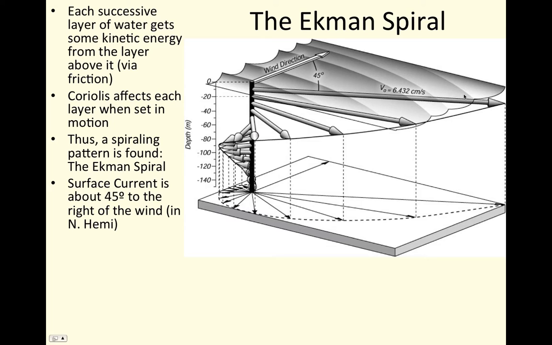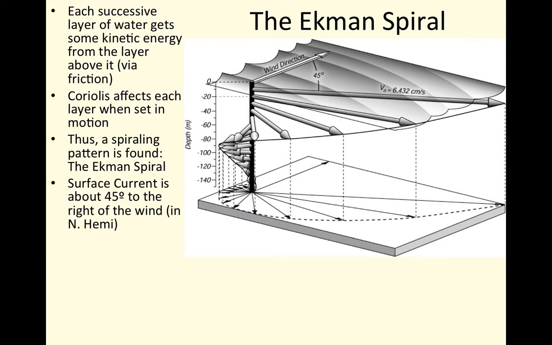That surface layer of water will exert, by friction, the next layer of water into motion, which itself will now be under the influence of the Coriolis effect, and it will turn further to the right than the layer above it. That layer will then set the next layer into motion, which again gets turned further to the right, and so on and so forth, until at a depth of about 100 meters below the surface, the actual current is flowing exactly opposite to the original wind direction as a result of this effect.